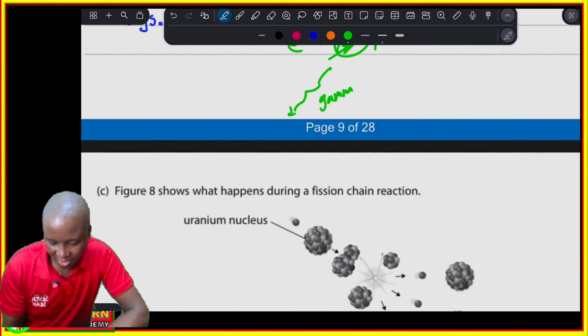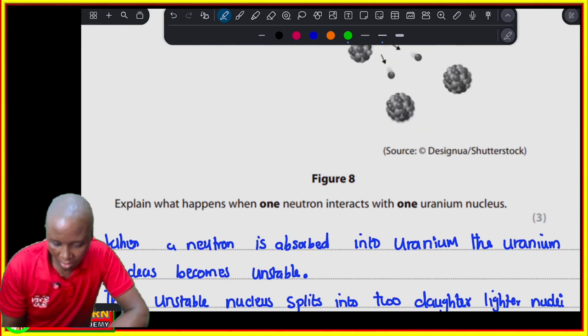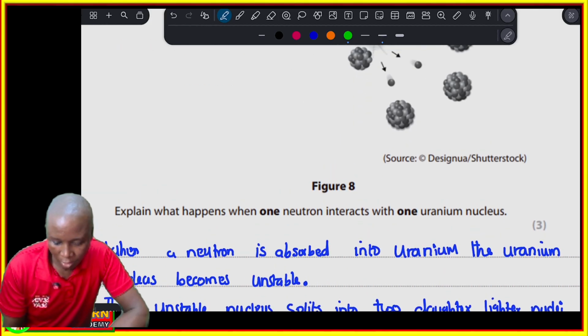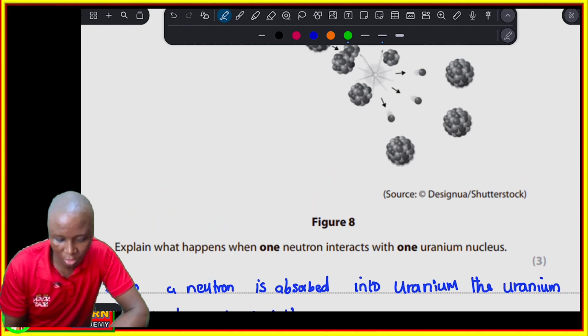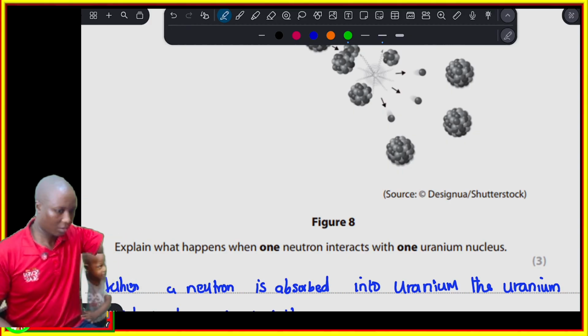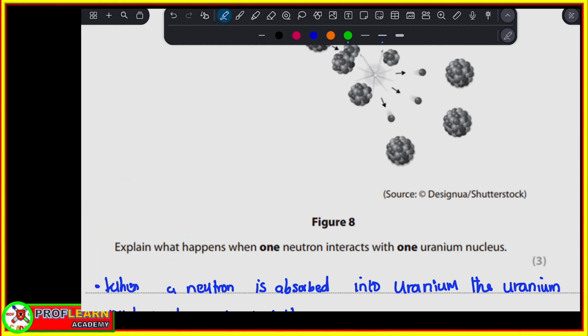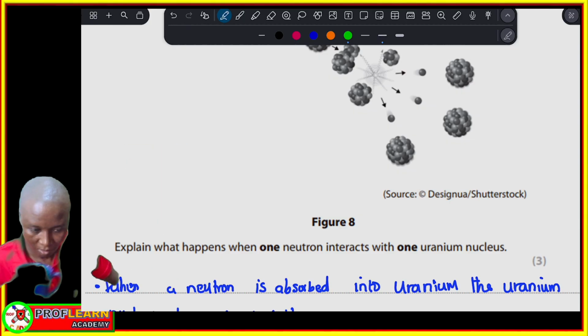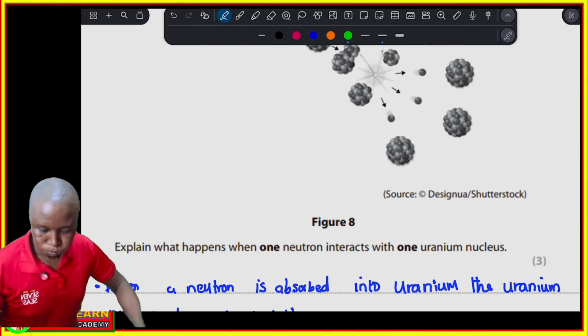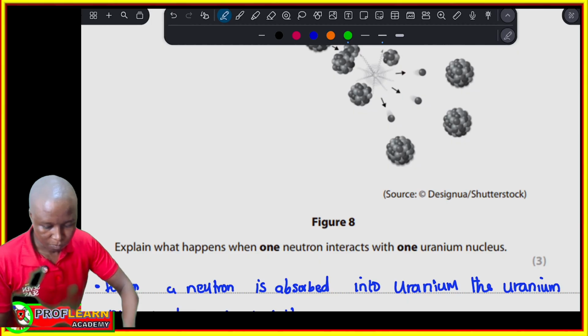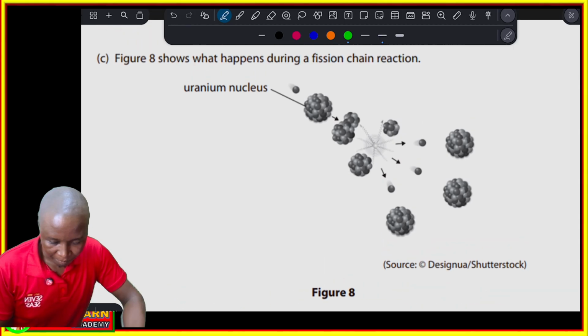Yeah, so we also have a question to do. Explain what happens to one neutron as the neutron interacts.